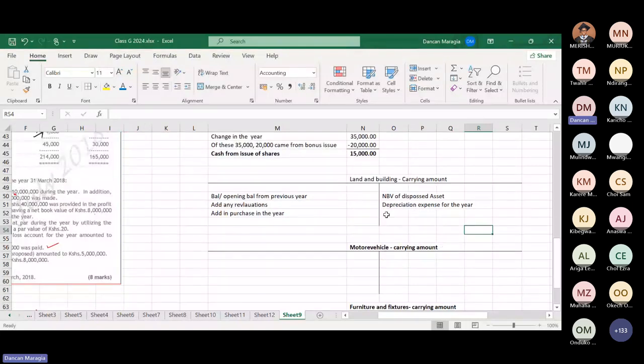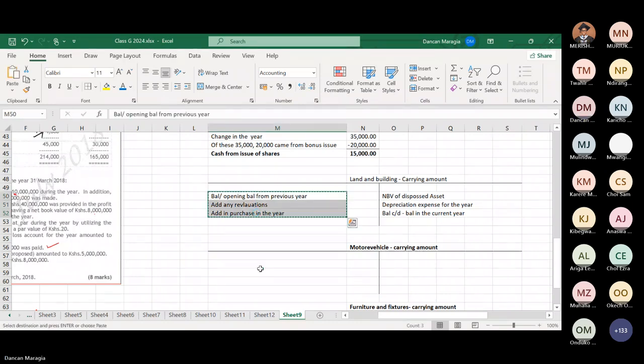Then the balance carried down, or balance in the current year, not previous, in the current year. And so this should now balance. So we'll have that for each of them.